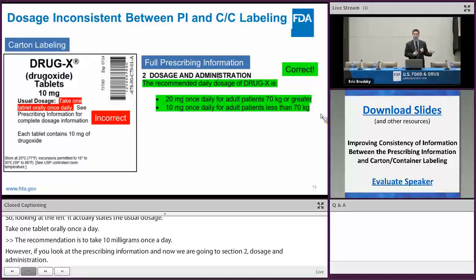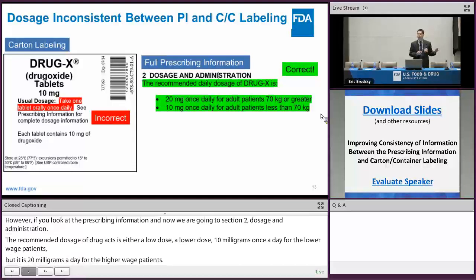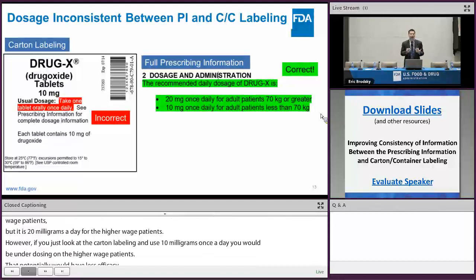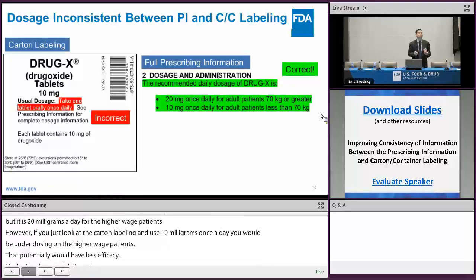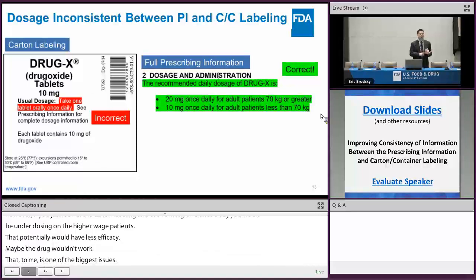However, if you just look at the carton labeling and use 10 milligrams once a day, you would be underdosing the higher weight patient, and that potentially would have less efficacy. Maybe the drug wouldn't work, and that to me is one of the biggest issues. Actually, to me, of all the issues I've seen of inconsistency, this is the biggest issue about dosage.